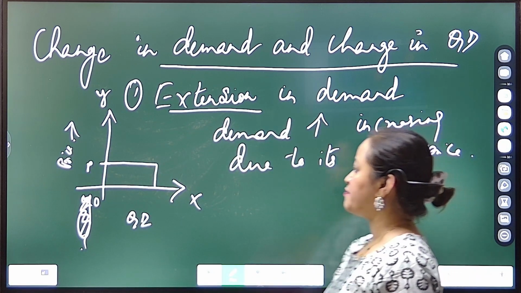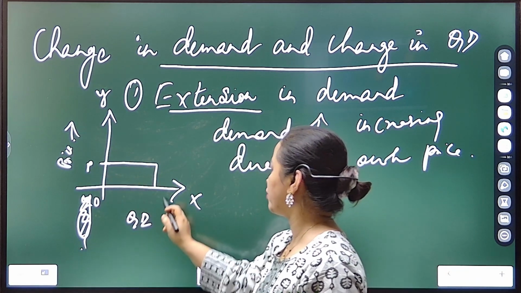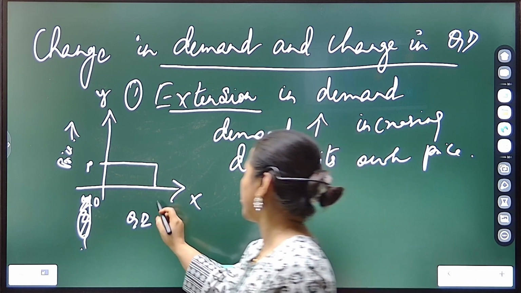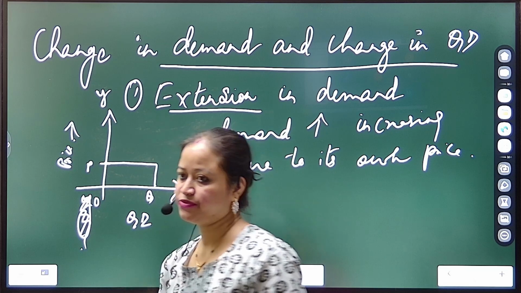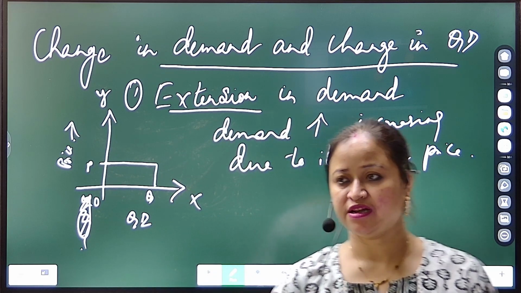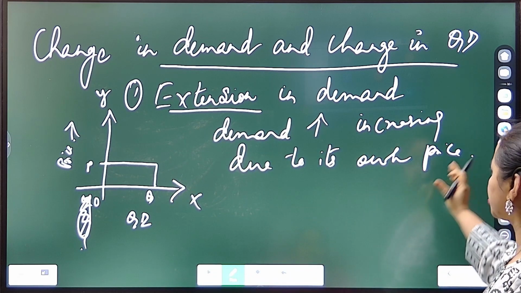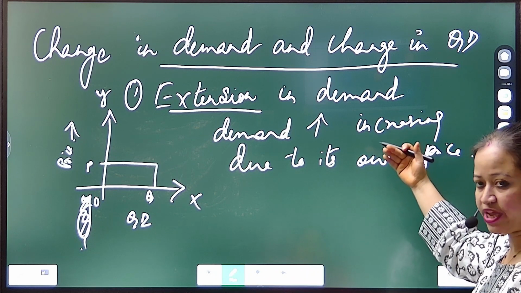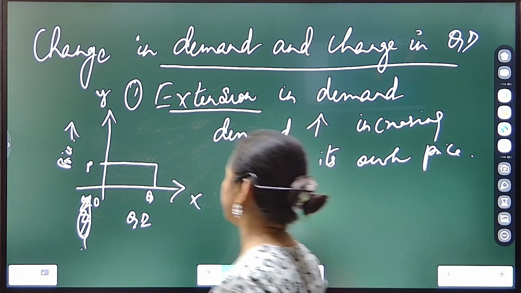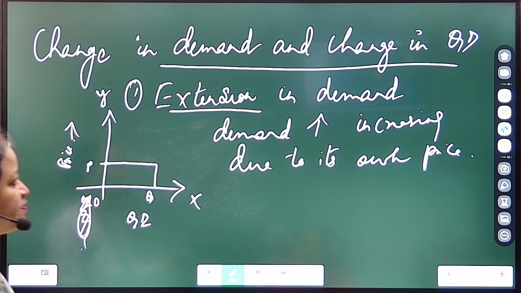So when price is P, quantity demanded is Q. Now when price decreases, demand will increase.